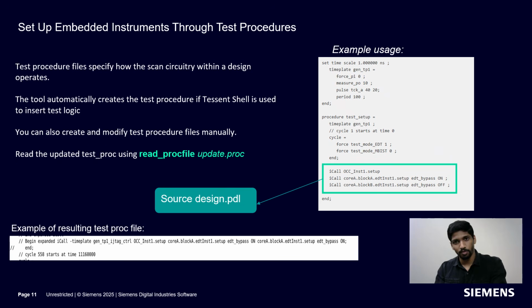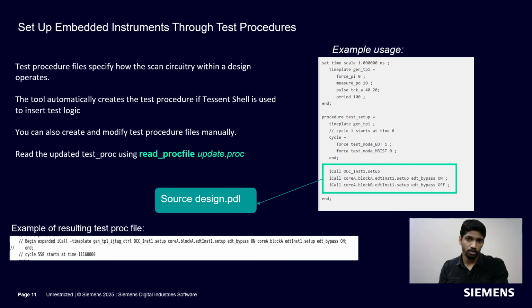This is an example of a test proc file for forcing the primary inputs, measuring the primary outputs, pulsing a TCK signal, and the total time period of the template. Here the icall is a PDL command. Icall is nothing but calling an iproc of an instance against its ICL module. The OCC inst1 is the instance name of the physical block or subblock in the current design.